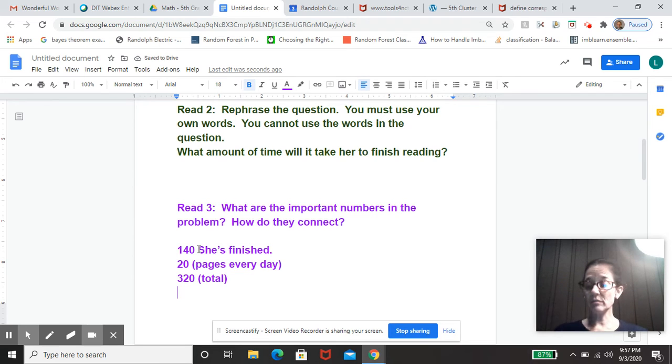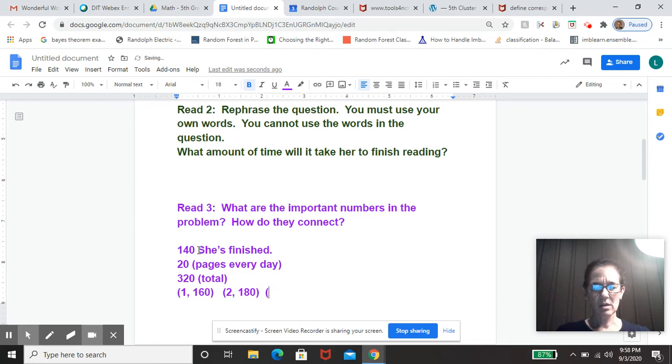And my question was, how can I create ordered pairs? Well, she's finished 140. I can kind of cross it out. But I'm thinking on day 1, she's reading 20 pages. So that's going to put her at 160. And then at day 2, she's reading 20 more. So where's that put her? 180.